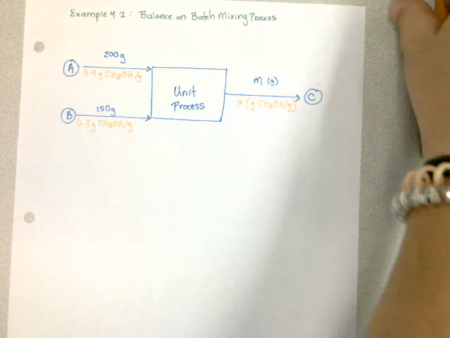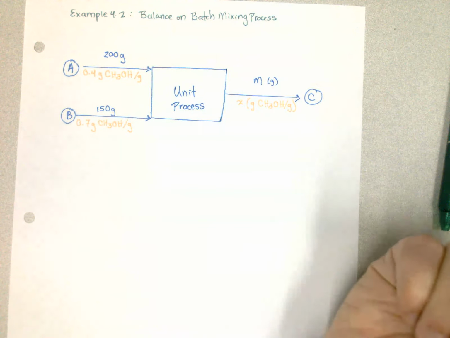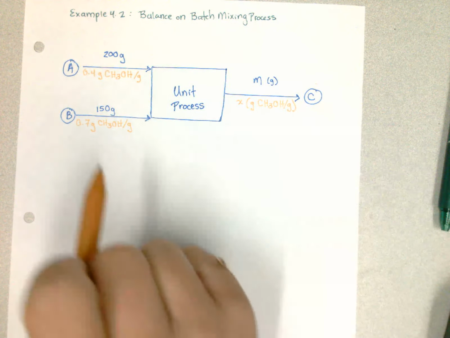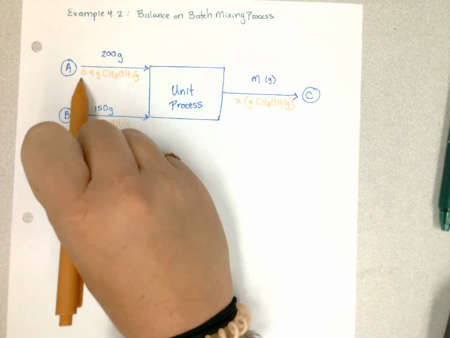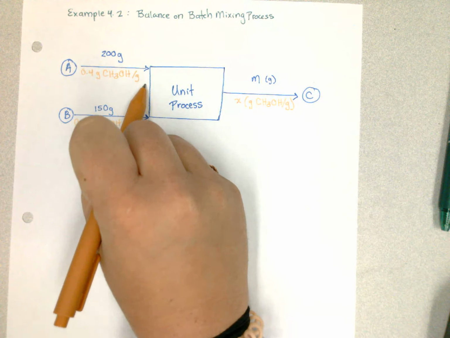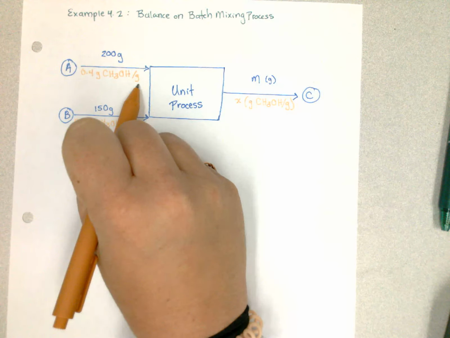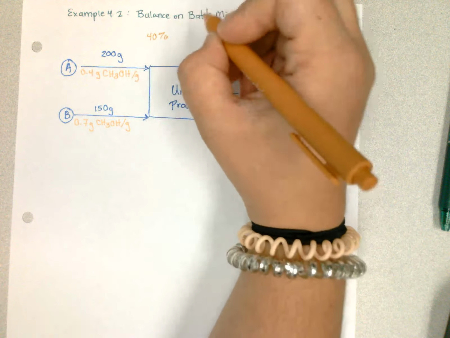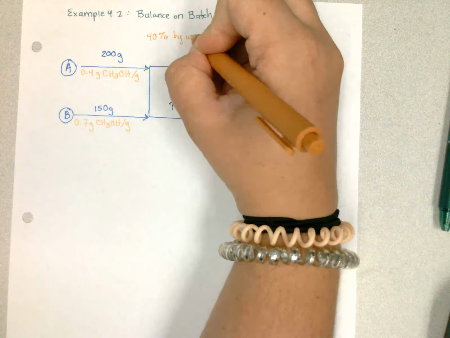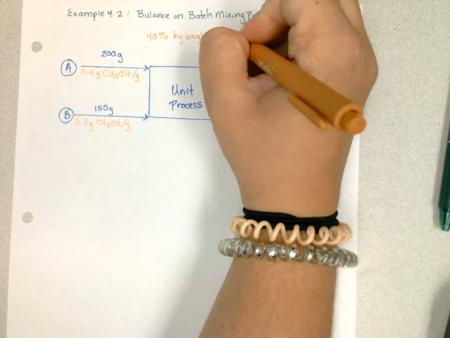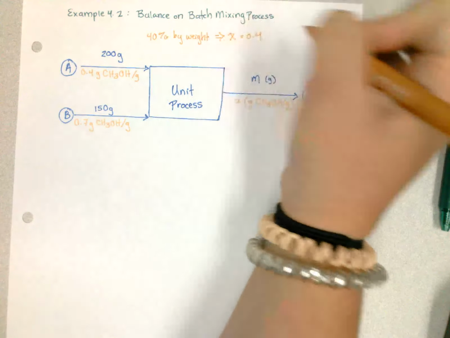The problem also tells us we have 40% by weight methanol in the first stream. That's what this is right here: 0.4 grams of methanol per gram total in the first stream. Remember, if it's 40% by weight, that is a mass fraction of 0.4.